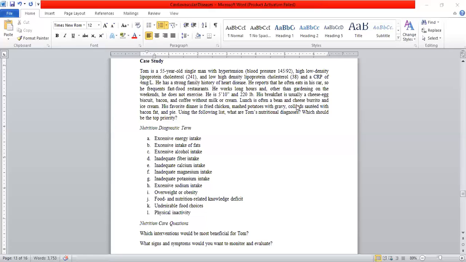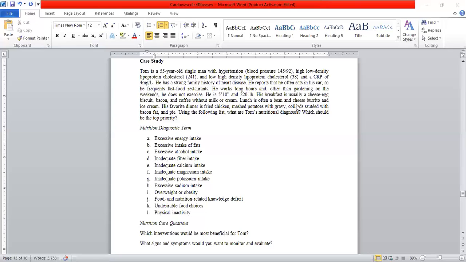So you can basically tell Tom's diet is very poor. It needs to be addressed by a nutritionist so as to control the high blood pressure and other signs and symptoms that are putting him at risk of other cardiovascular diseases. I hope, Sarah, you can be able to identify that.